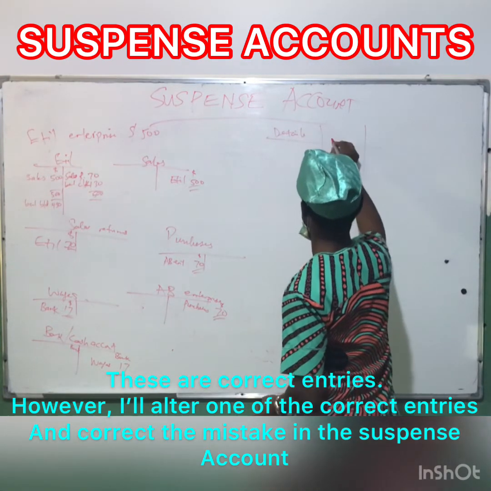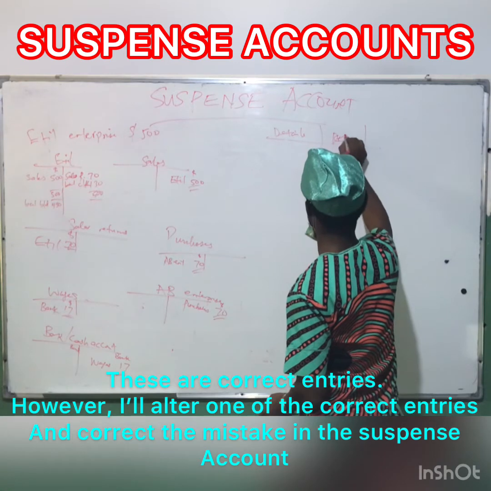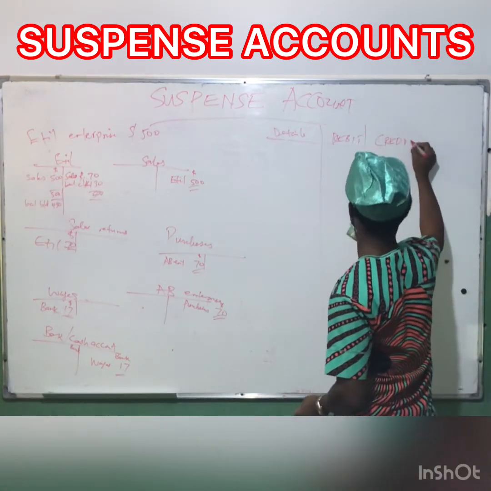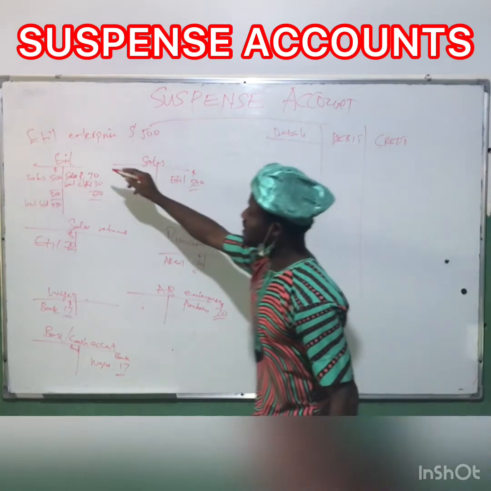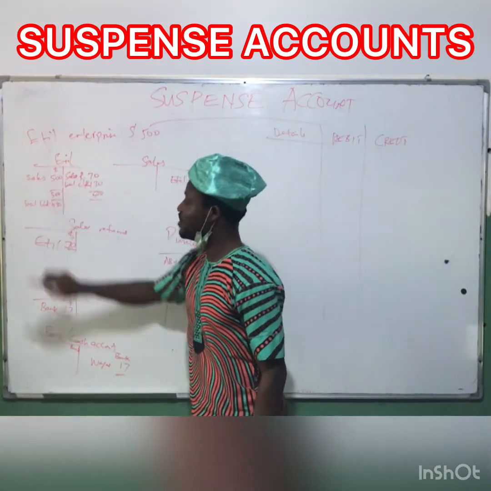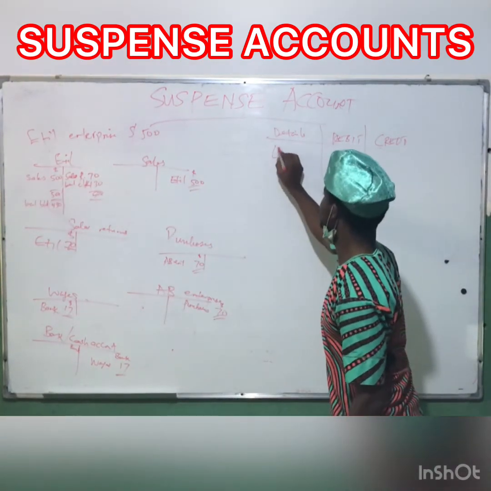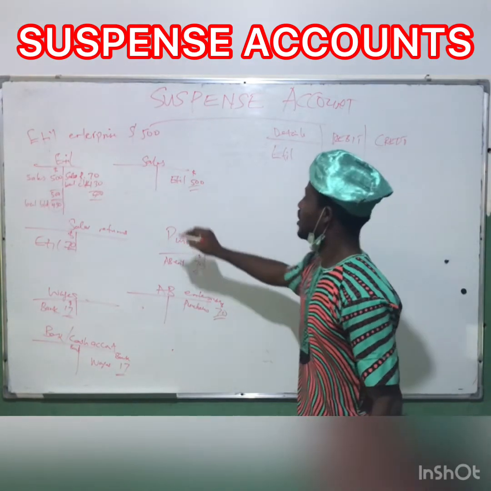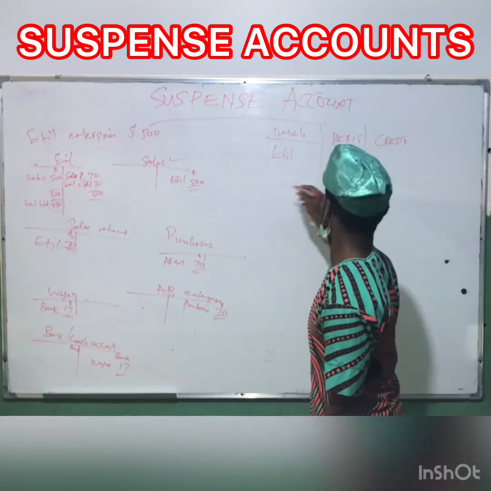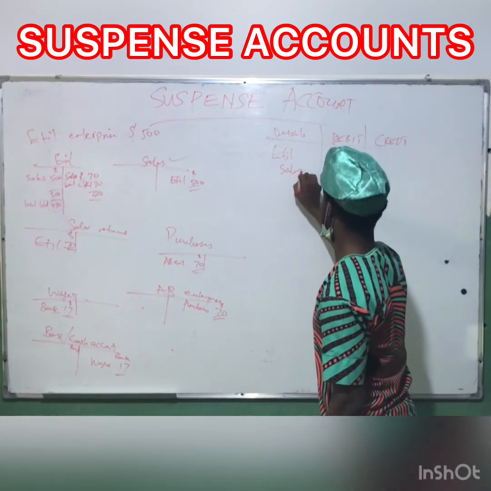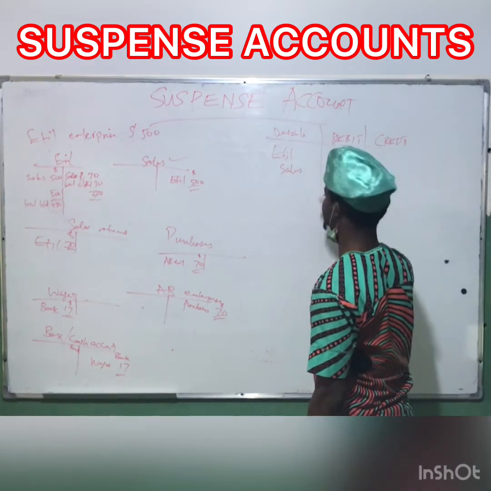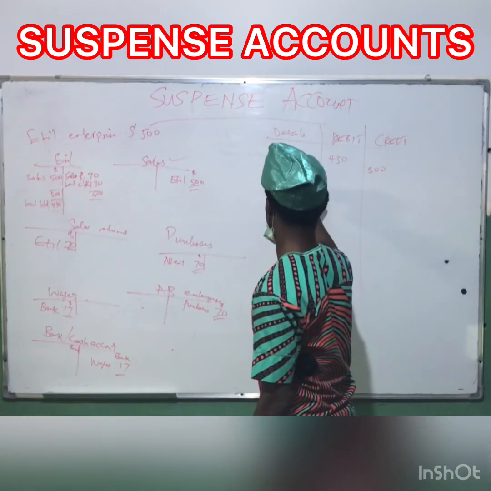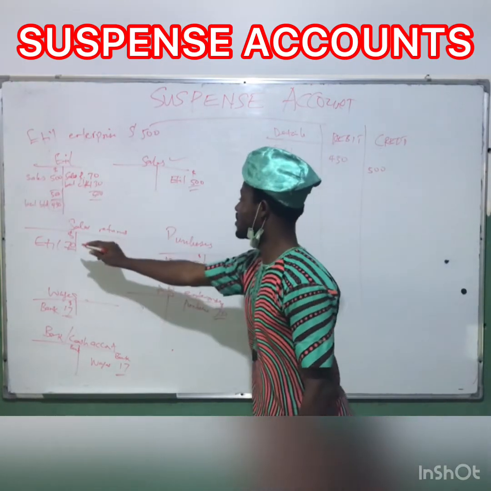Details, debit, credit. Teal has a debit entry of 430. Sales has 500 on the credit side. Sales returns has 70 on the debit side.